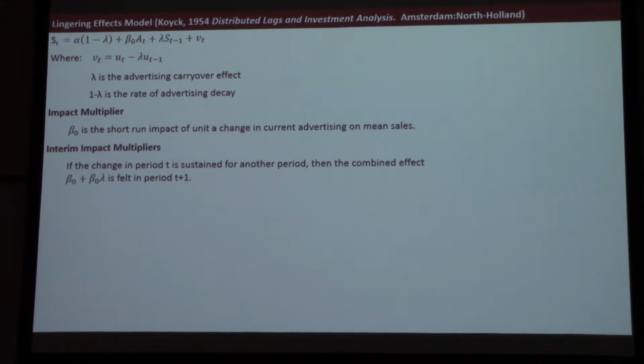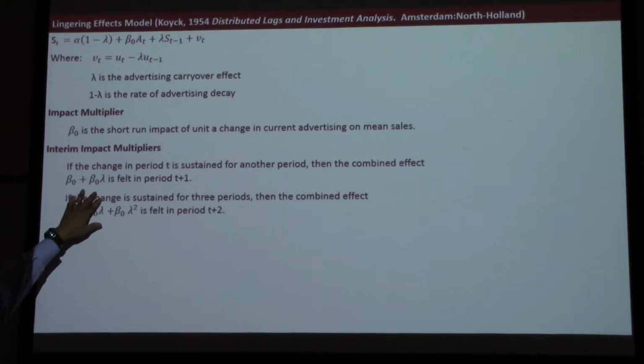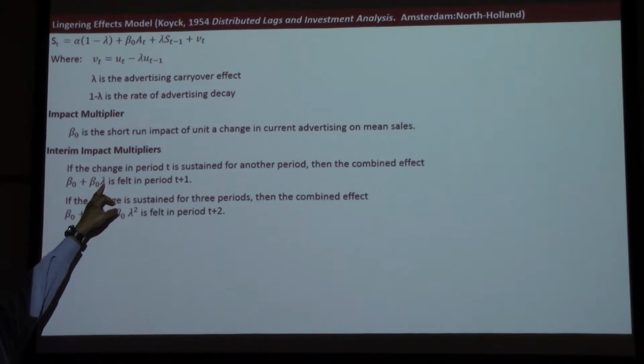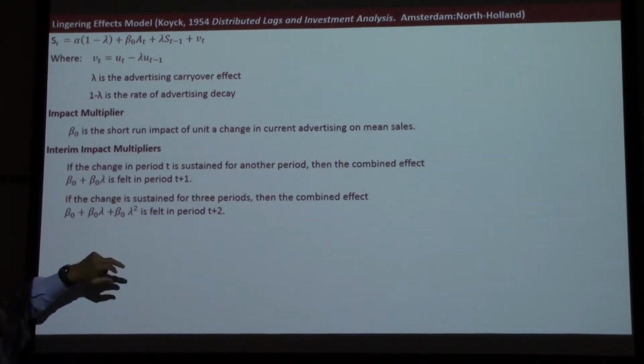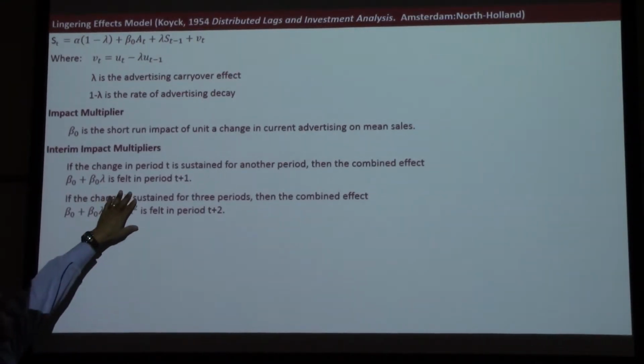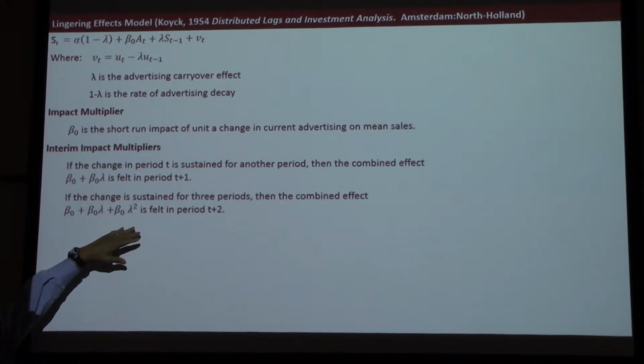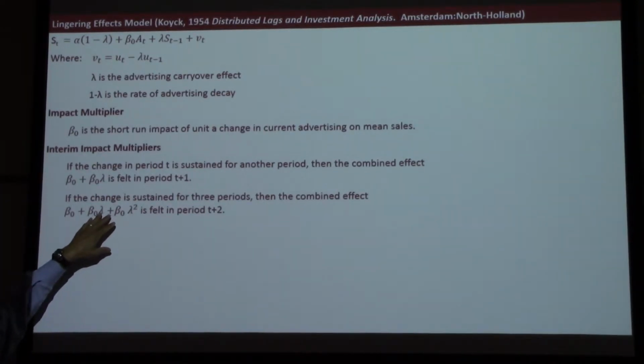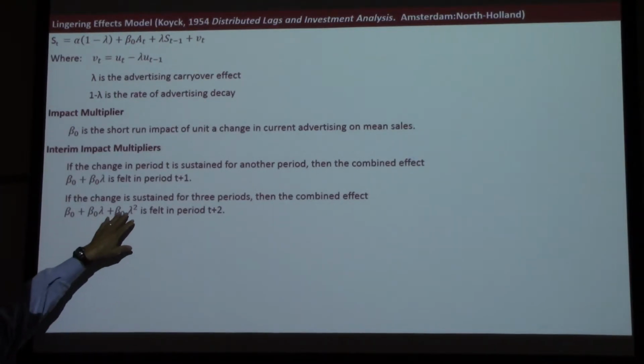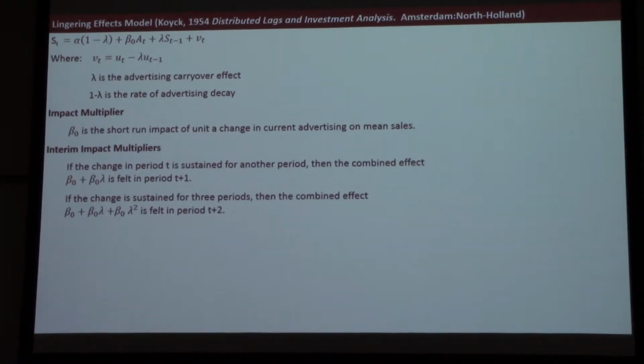And then in the long run, we can calculate the intermediate impact multipliers as beta 0 plus beta 0 lambda, because remember, lambda is how much of advertising is carried over from the last period. And that's in period t plus 1. And then 2 periods down the line, it's going to be beta 0 plus beta 0 lambda plus beta 0 lambda squared. And we can calculate that for any number of periods.